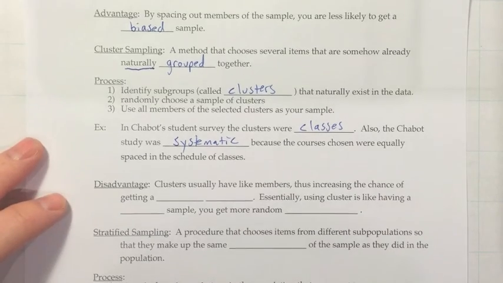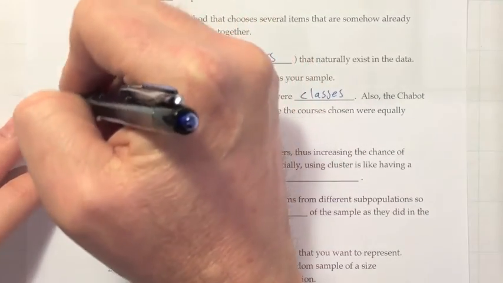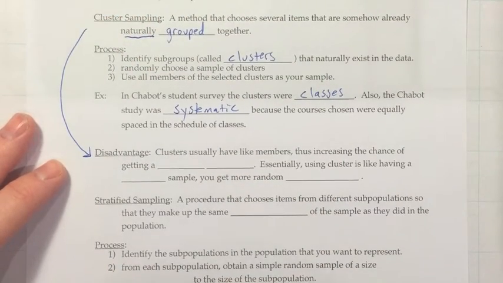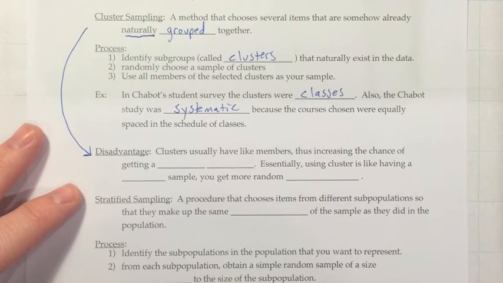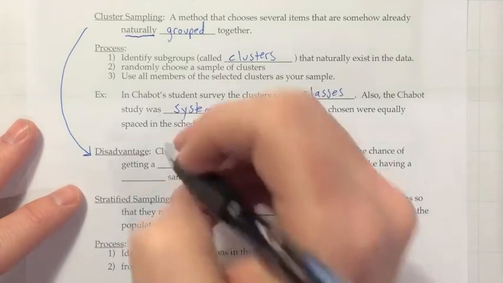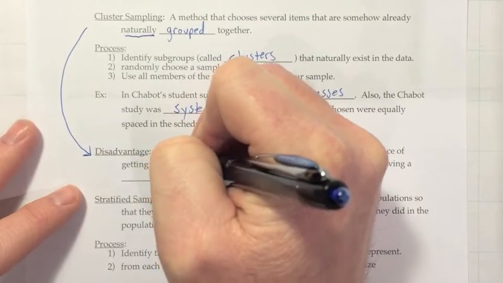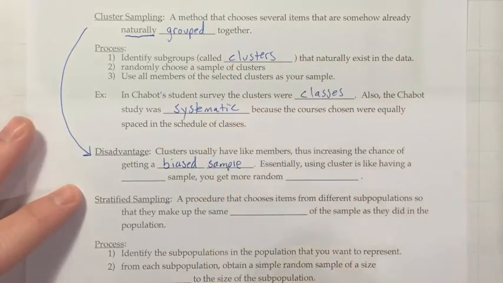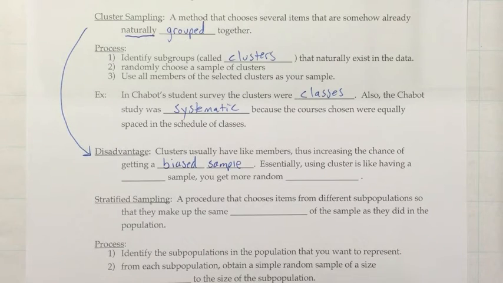Okay, so talking about the cluster sampling, that actually is not usually a good thing to see. It causes a disadvantage. Clusters usually have like members in them, thus increasing the chance of getting a biased sample. And so if you think about that, the class that you're in right now was not randomly assembled.